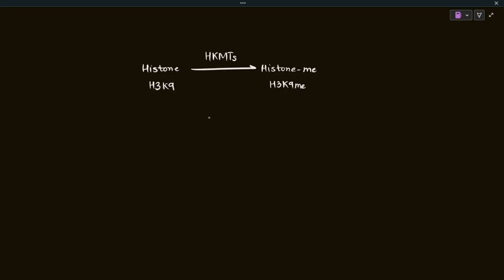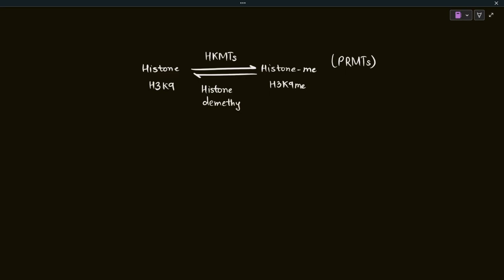If the methylation mark has been added on the arginine residue, those enzymes are known as protein arginine methyltransferases. We have already discussed that, but this reaction is not irreversible. Rather, it is a reversible reaction, and the reaction in the other direction is driven by the histone demethylases.